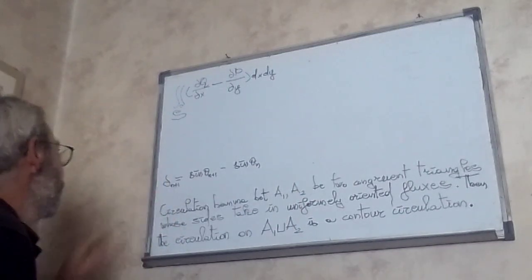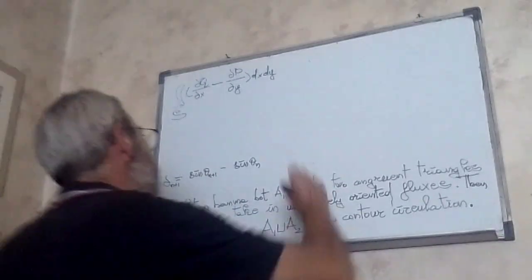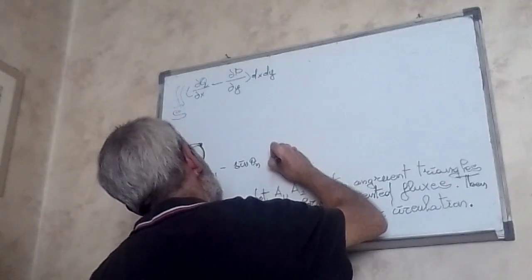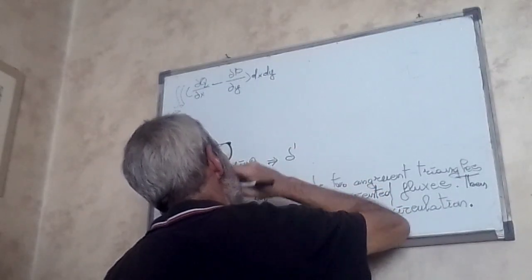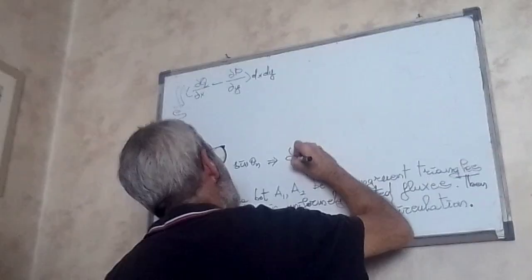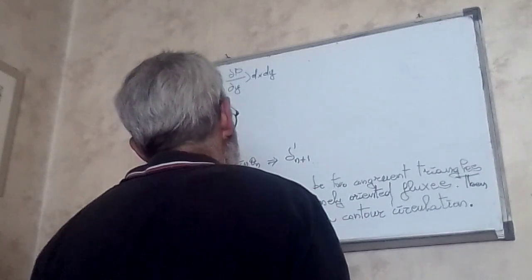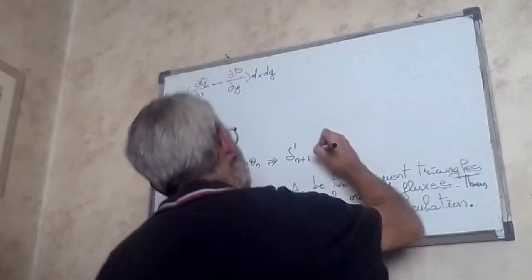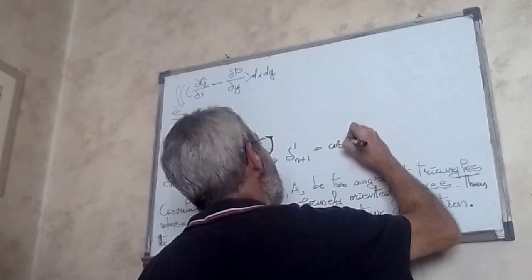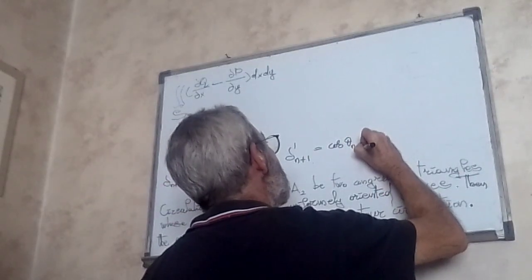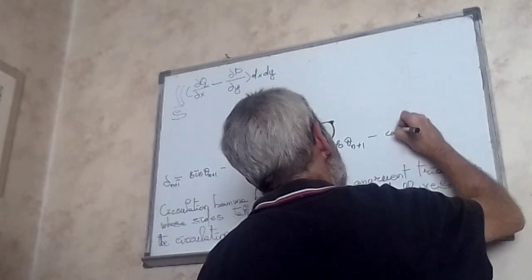So that if we set theta n plus 1 as this difference, the derivative theta n plus 1 dash is cosine theta n plus 1 minus cosine theta n.